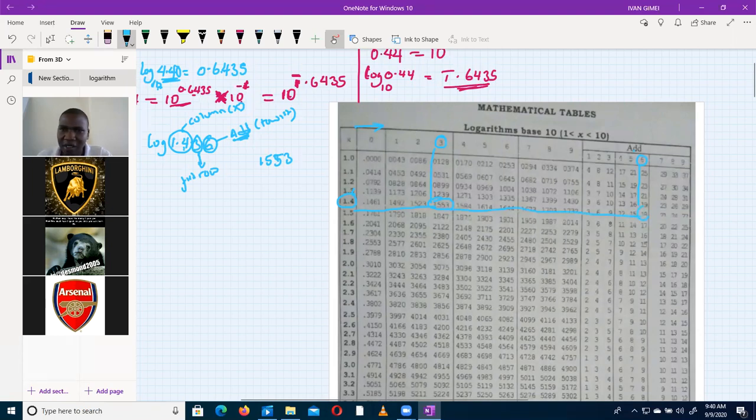So I add 18 on this. That gives me 1, 7, 5, 1, so 1571. That means that the logarithm of 1.436 to base 10 is the same as 0.1571. Is that clear now?